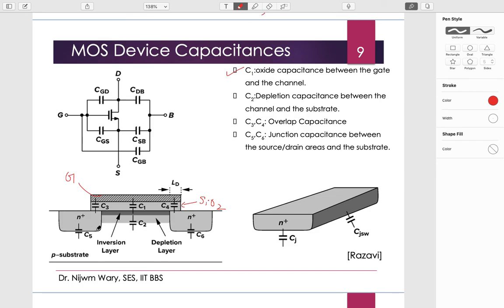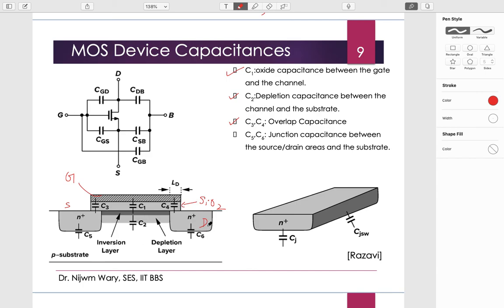So the drain and source will go a little bit under this gate region, so there is an overlap between the drain and the gate, and between the source and the gate. So C3 and C4 are the overlap capacitance.